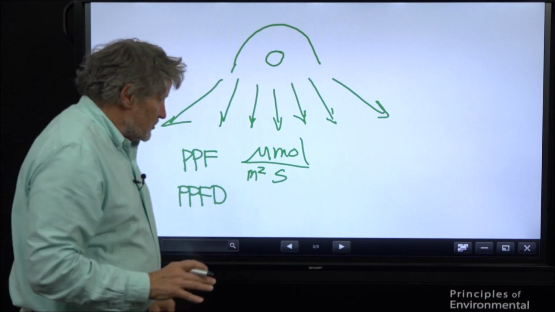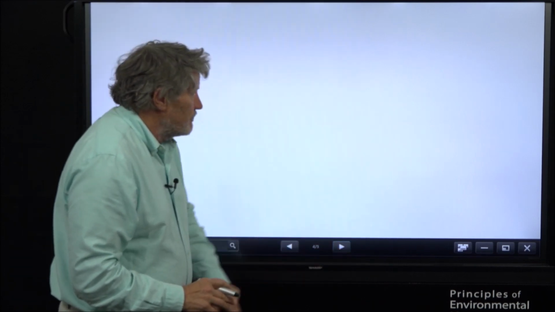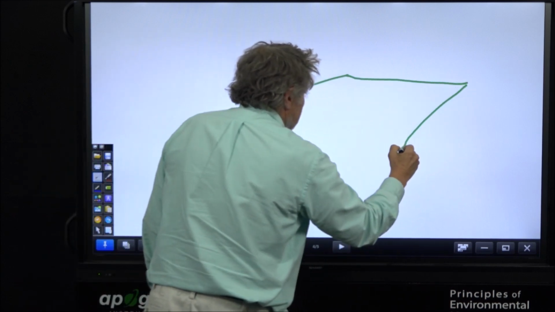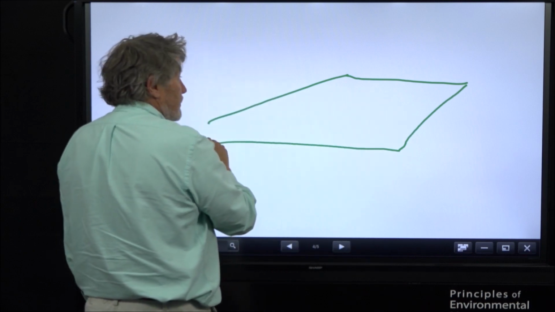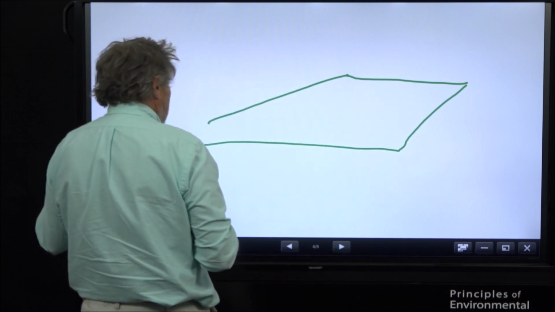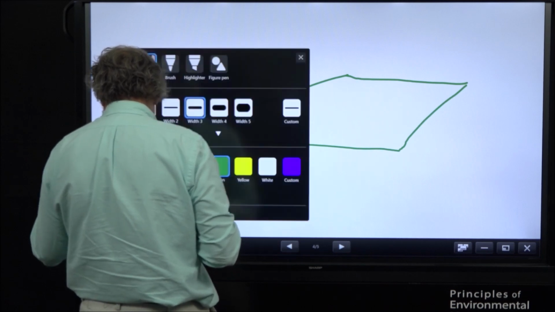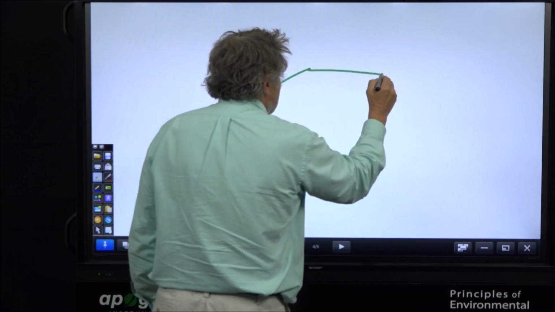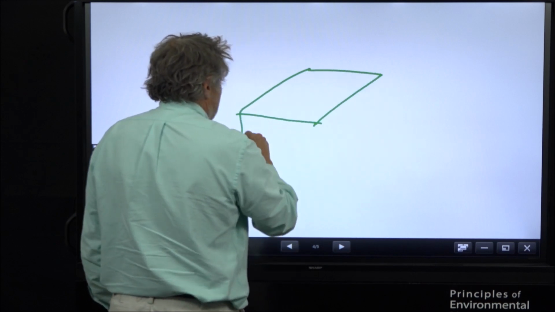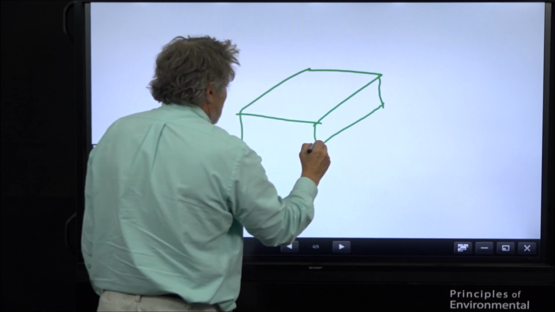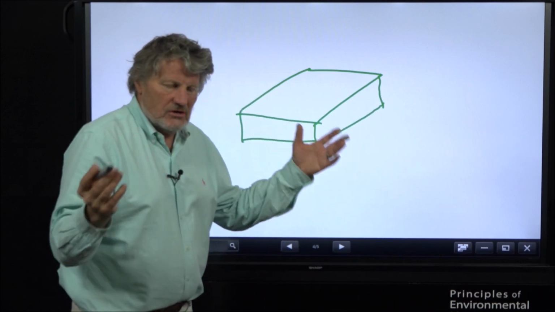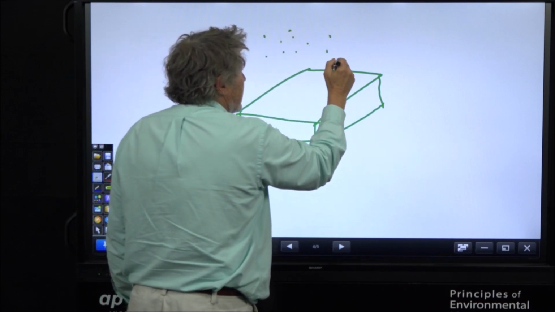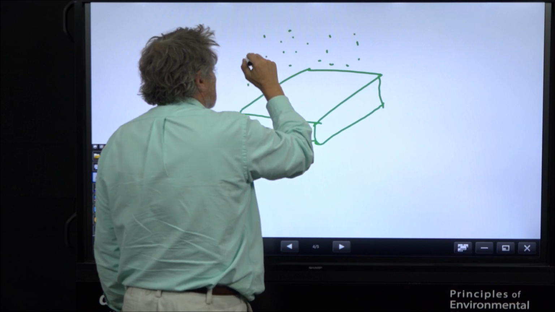A way to think about this: if we have a box, a three-dimensional box, like a giant cookie sheet, and here are our photons coming in like raindrops, falling into this box.